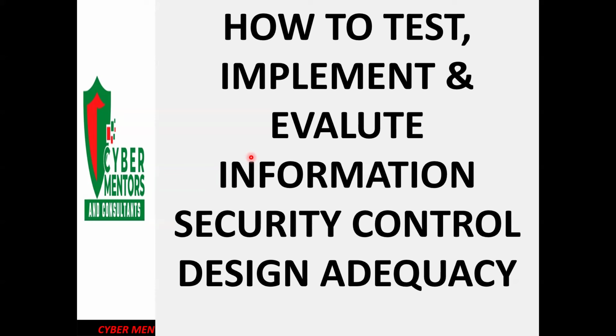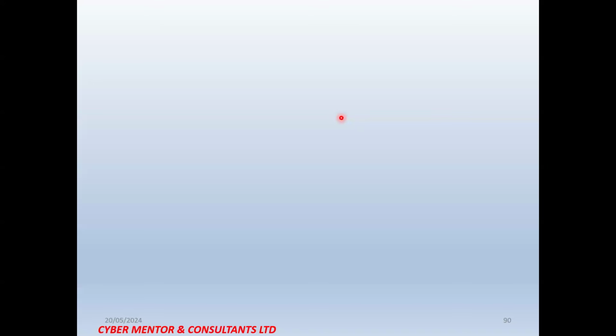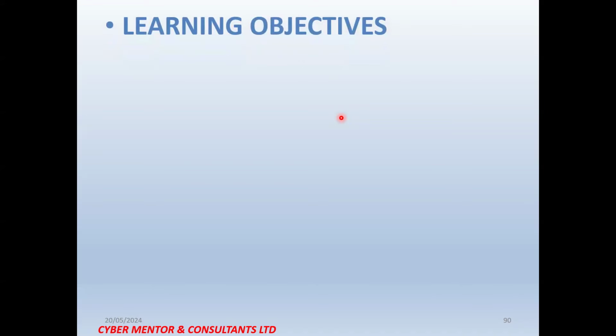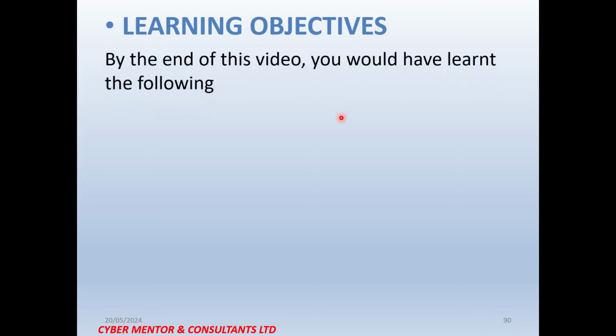Basically, we have a learning objective for this particular video. At the end of this video, if you watch to the end, which I encourage you to do, these are some of the things you will have learned.